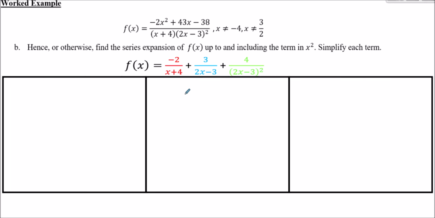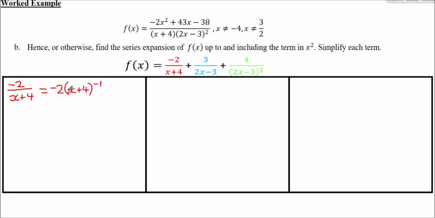So first of all, let's just focus in on minus 2 over x plus 4. I can rewrite this one as minus 2 brackets x plus 4 to the minus 1.